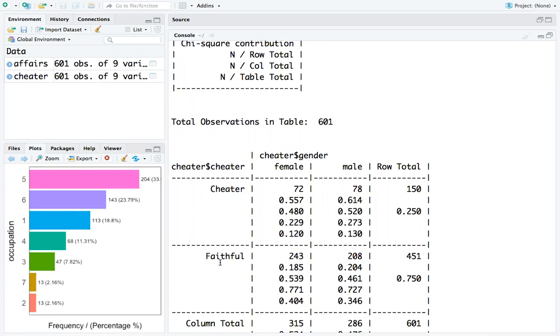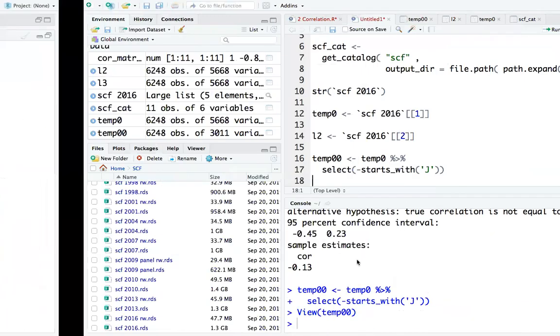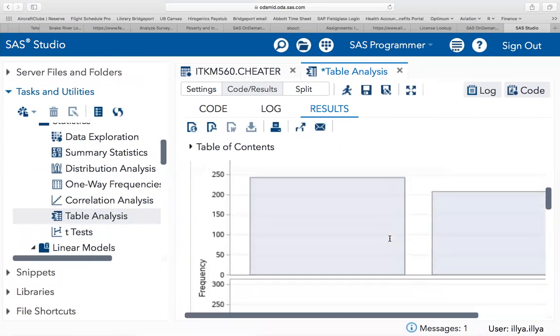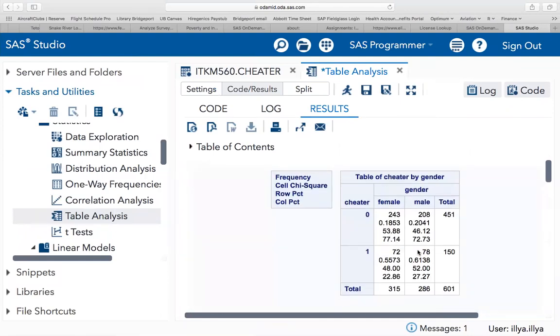Why did it organize it that way? Alphabetical order, okay? But anyway, the percentages are the same: 72, 78, 243, 208. Same thing.